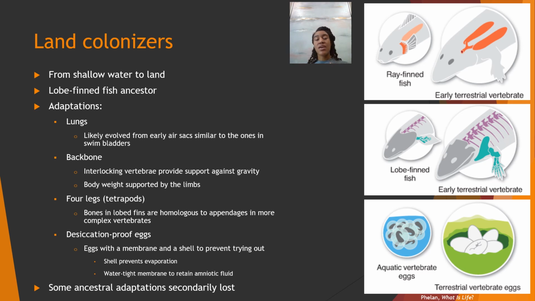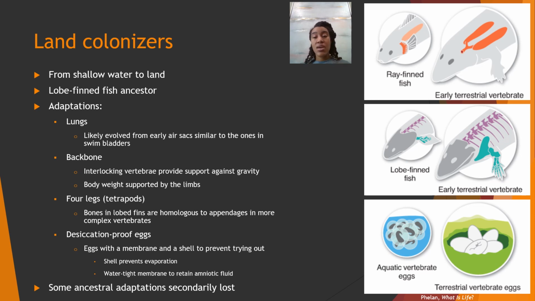And same thing in whales. They've lost their 2 hind limbs. Remnants of those limbs are still present, but they have been highly, highly reduced. You can still see the rudimentary bone structure in these organisms, but they're no longer useful. So they've lost those legs secondarily.